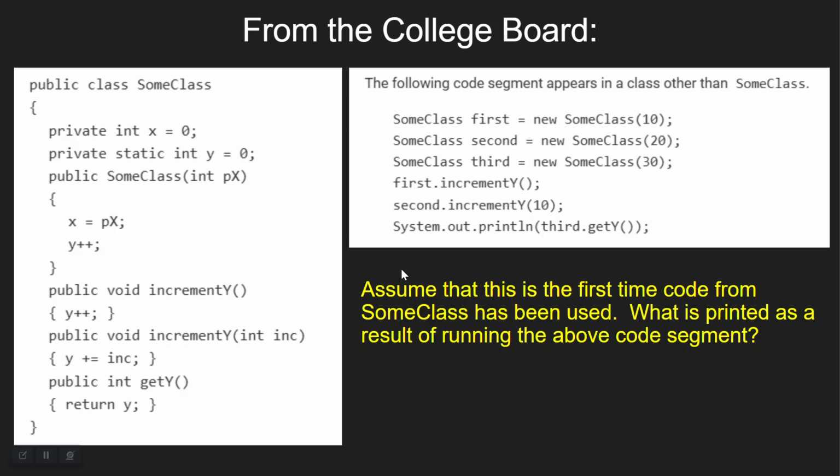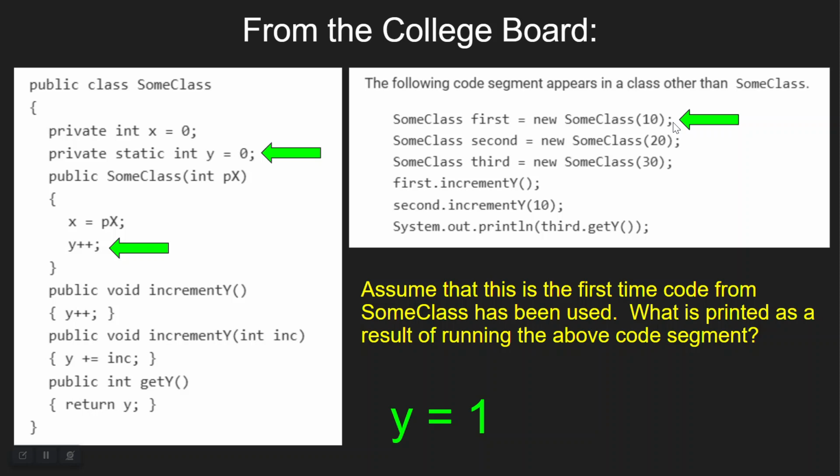So at this point, I'm assuming you've paused the video, and we can start working through. We've got to take note of a couple of things. In the Sum class, you've got your private instance variable x, which is initialized at 0. And then you have a private static variable called y, which is also initialized at 0. So at the beginning of this program, y is set to 0. Now over here, we are creating an object of the Sum class.